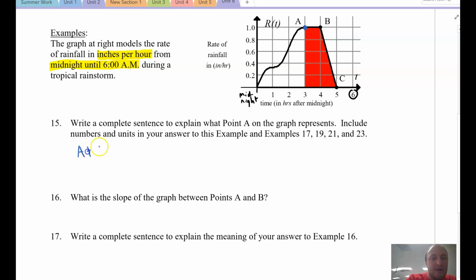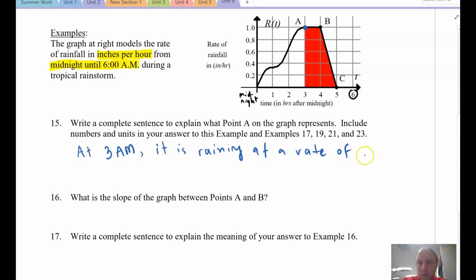So at 3 a.m., it is raining at a rate of, what is that value? 1 inch per hour.